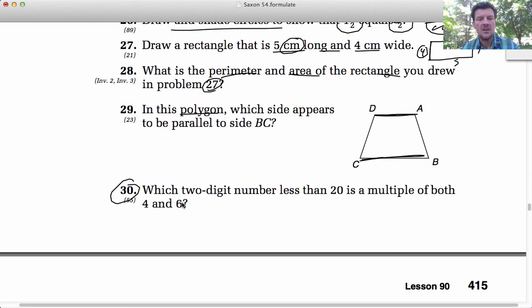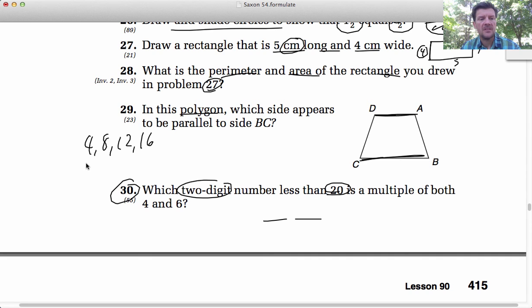And last one, which 2-digit number less than 20 is a multiple of both 4 and 6? So it has to have 2 digits in it, less than 20, so we can't go above 20. Well, if you don't know, multiples, by the way, are, if you count by 4: 4, 8, 12, 16, and we can't go above 20, right?